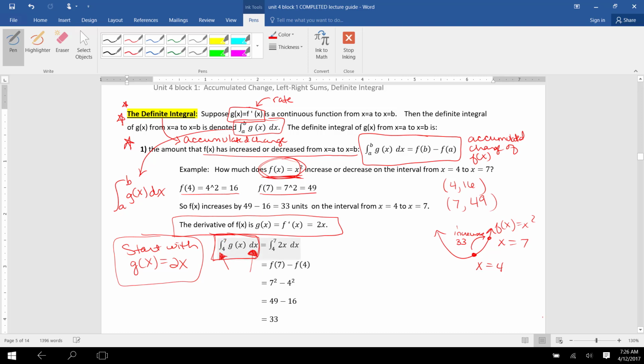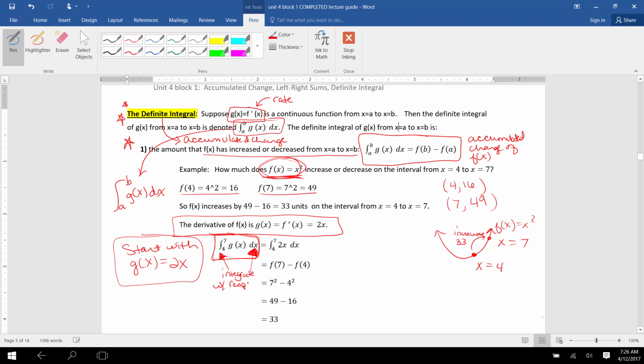You open up this definite integral notation over here on the left side with the integral from 4 to 7 symbol, and you close it on the right side with this dx. It's saying we're integrating with respect to x.